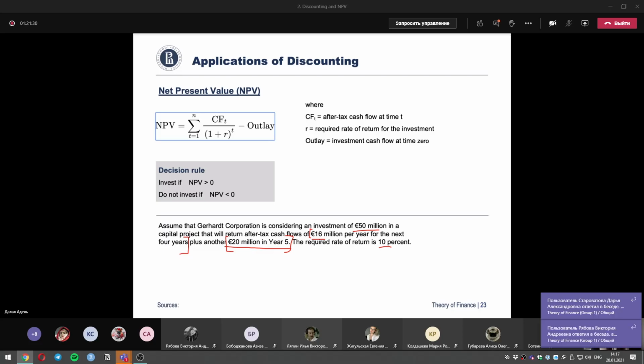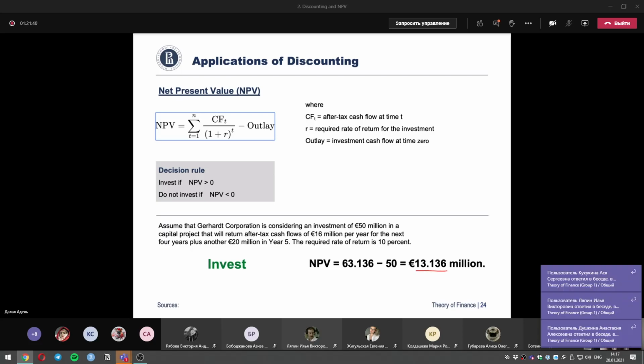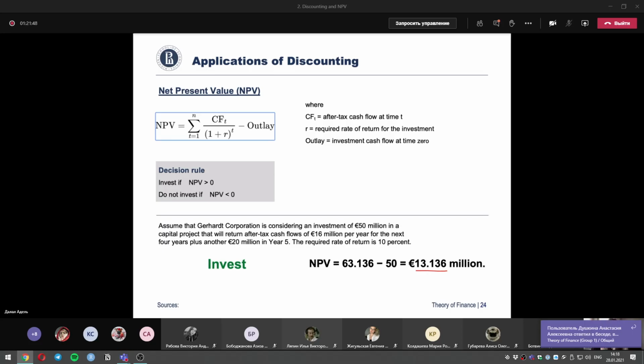I see many of you are ready, so let's check. The NPV is 13.136 million euros. I saw that most of you completed it correctly, but there were some mistakes that I saw in the chat.